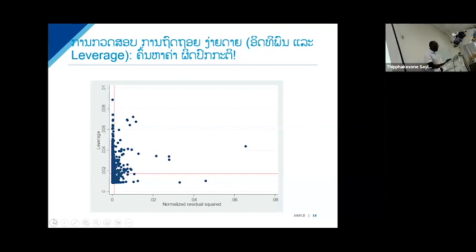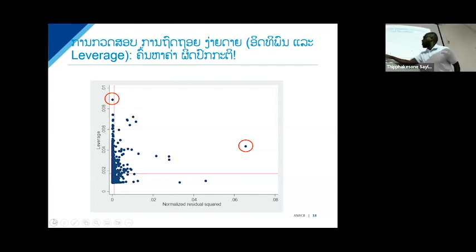So if all things being equal, you hope that the points will fall over here, under this red line. Of course you see some that fall on the other side, outside of this quadrant.